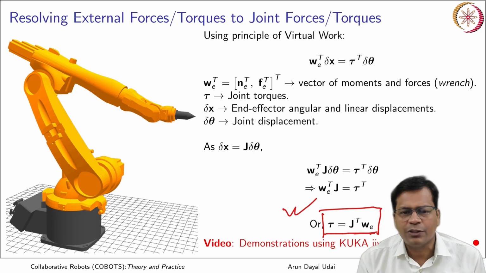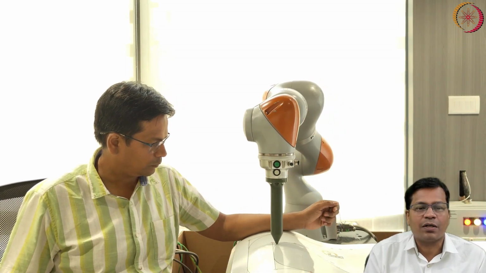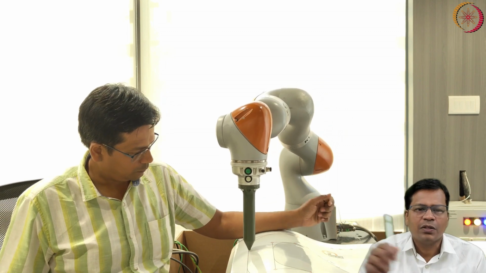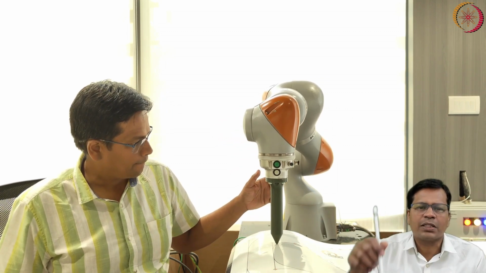Let me show you a small demonstration with a small video of external force. You see, the robot is continuously moving downwards, and as soon as it comes in contact, it tries to maintain a constant force against the surface. This is the operation where I am trying to move the robot with a constant normal reaction force.